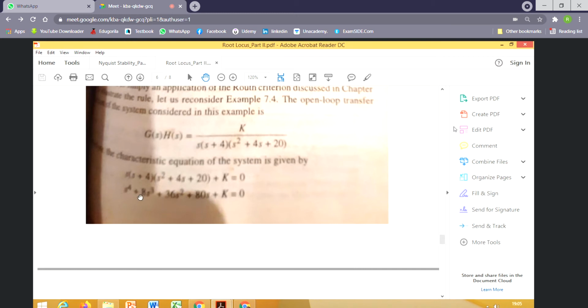So the first row will correspond to this term s to the power 4, and its elements will be in this particular order: 1, 36, K, and the second row will correspond to s cube, and its elements will be 8 and 80. Let's check.